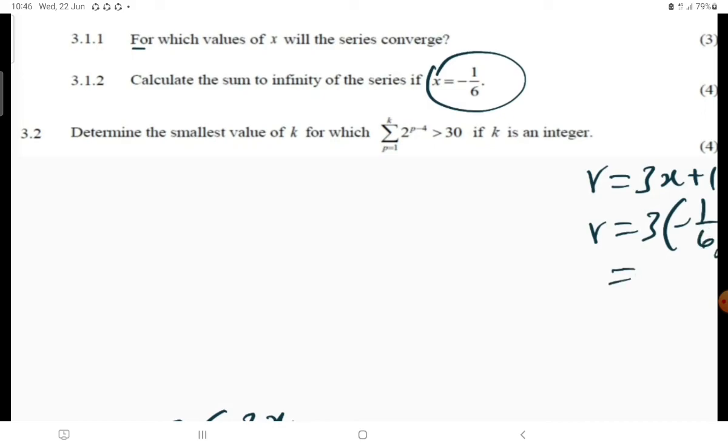Then we have minus 1 over 2, plus 1, which is 1 over 2. So your r is 1 over 2.